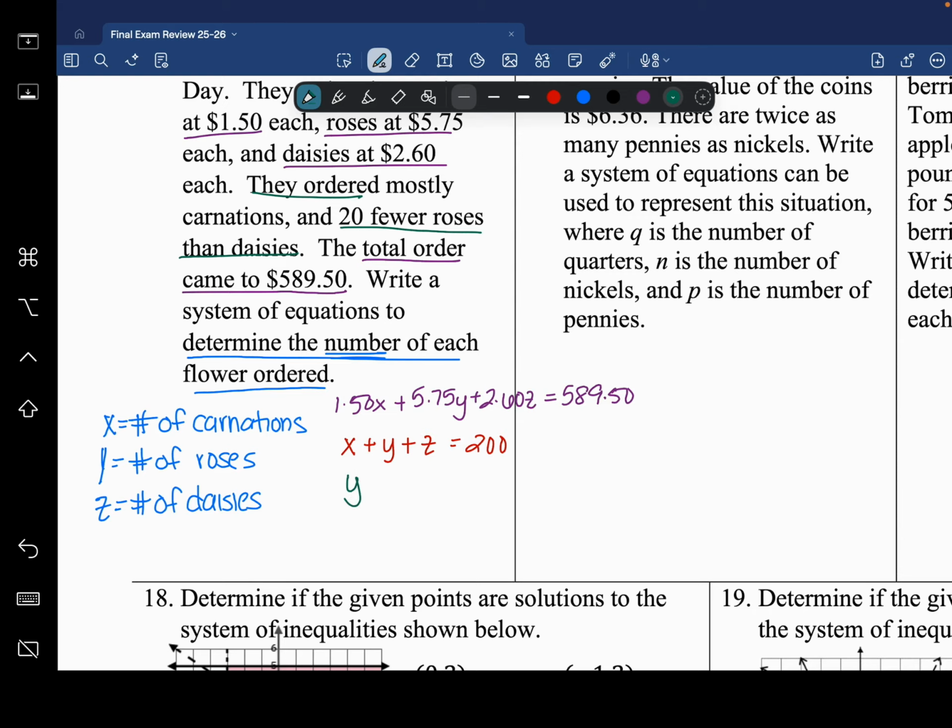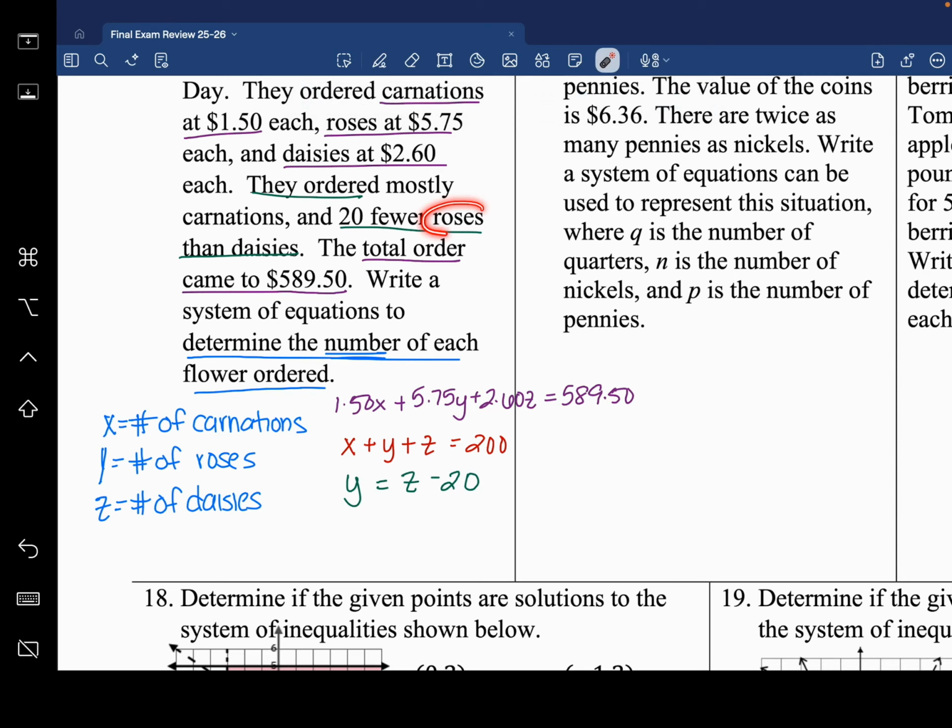So the number of roses, Y, will equal the number of daisies, which is Z, minus 20. That middle one is usually the one that's by itself. The last one, the one that you are comparing to, is the one that has all the math: twice as many, 20 more than, 20 less than, whatever the case may be. The one that is compared to has all the math. And this would be our system of equations.